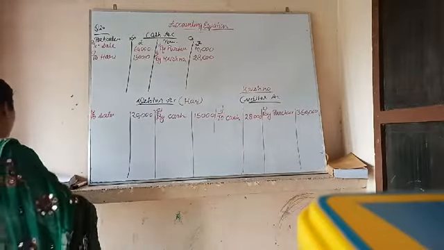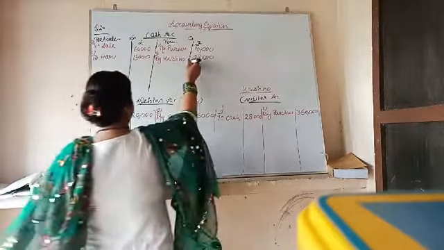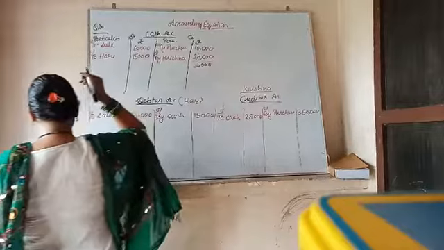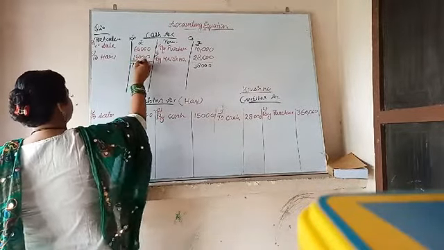Now we will close all the accounts. Here it is 38,000, and the other side comes to 75,000.